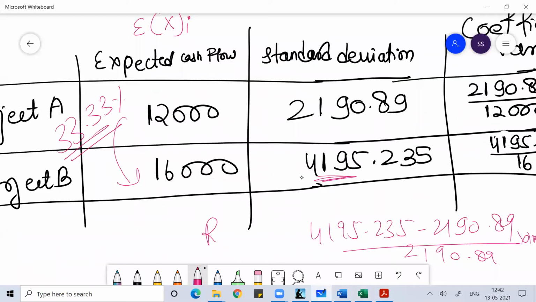So the risk is 91% more, nearly double. The return of project B is only 33.33% more, but the risk is 91% more.